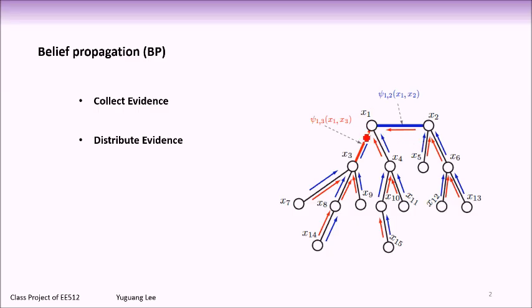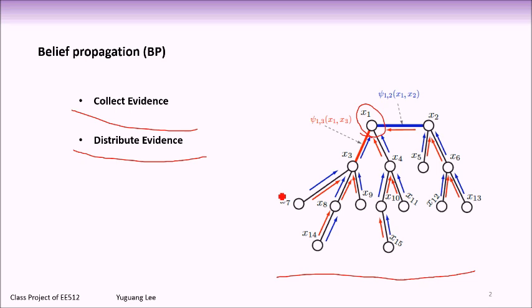So belief propagation is actually used to calculate the marginal probability of nodes and a set of nodes, the joint probability of sets of nodes. It is composed of two steps: collect evidence and distribute evidence.